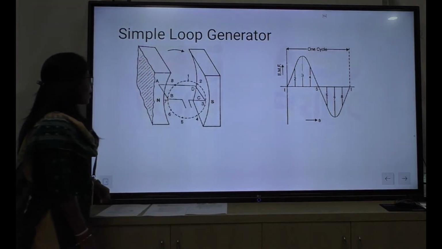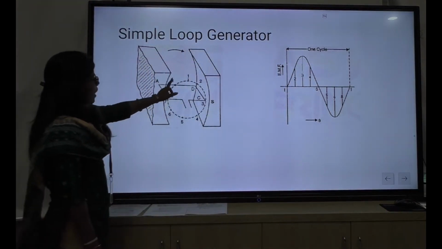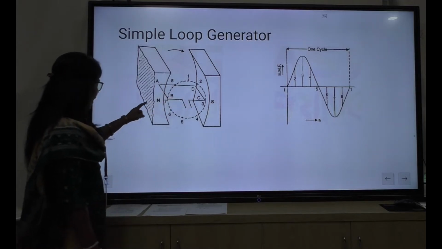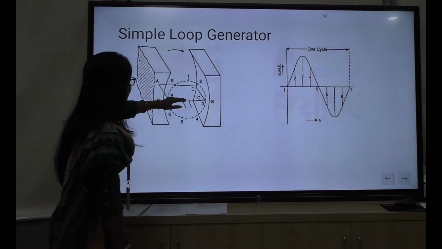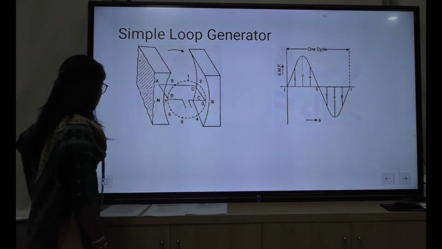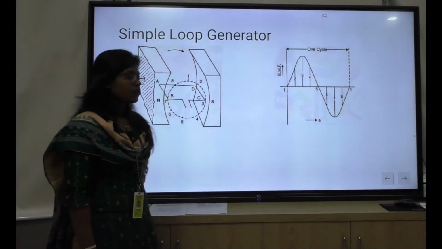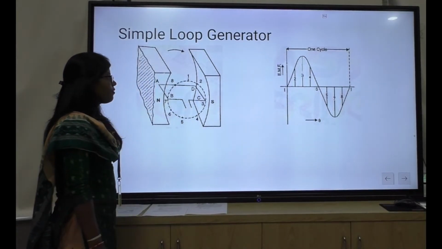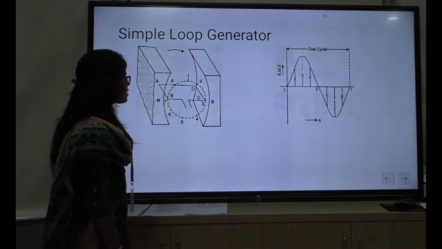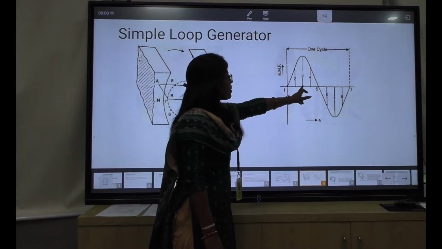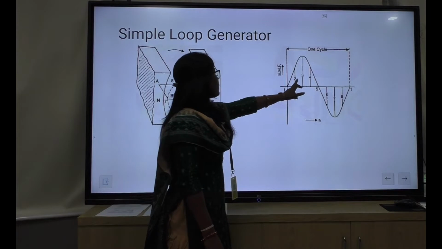Okay. At position 3, the coil sides AB and CD are both at right angle to the lines of flux. So, at that time the maximum flux is cut by the conductor. In that case maximum EMF is generated, which is given at point 3, that is the maximum EMF induced in the loop.